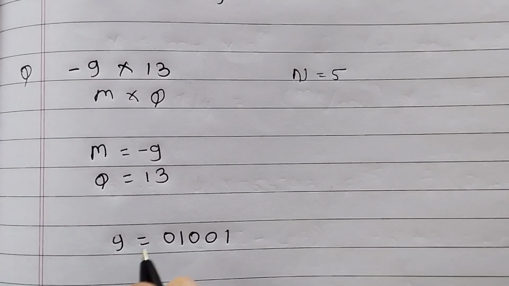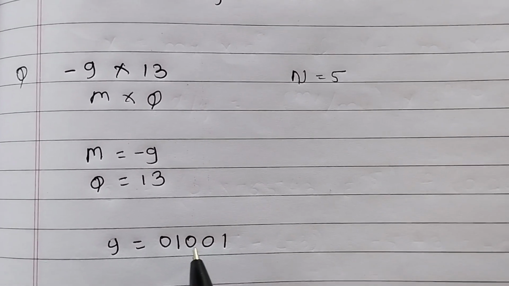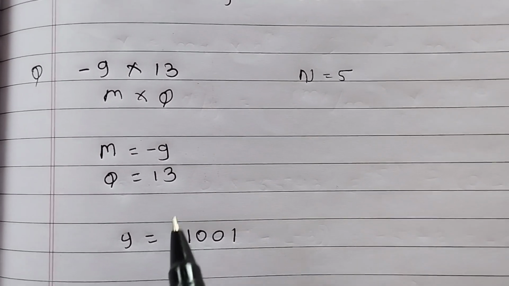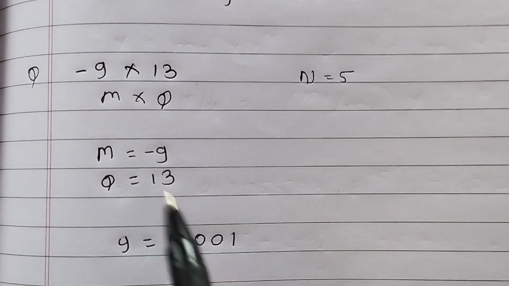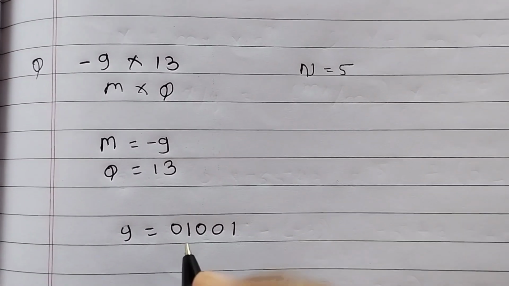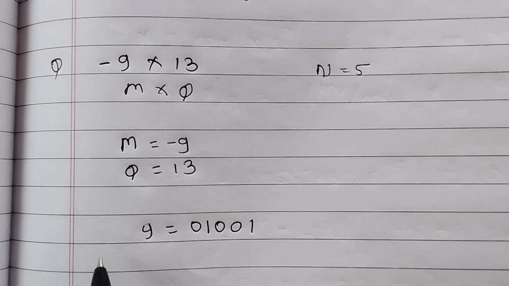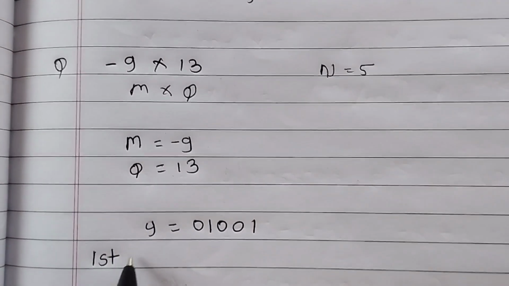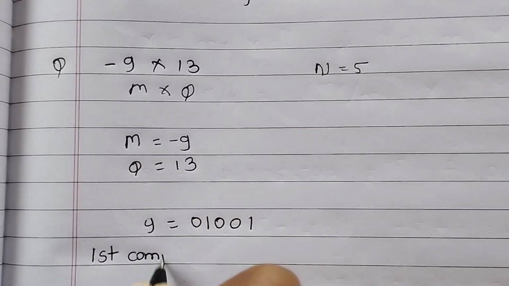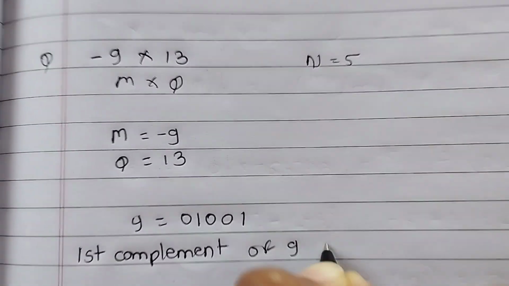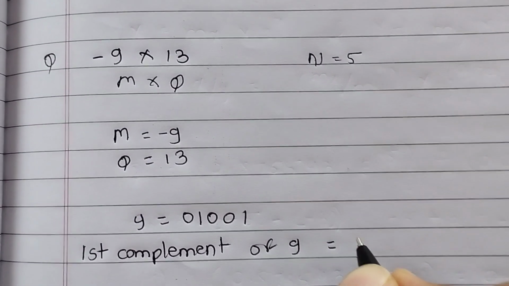Normally 9 in binary form is 0 1 0 0 1, but our multiplicand is minus 9, not 9. So now we find the first complement of 9, that is, change the bits.